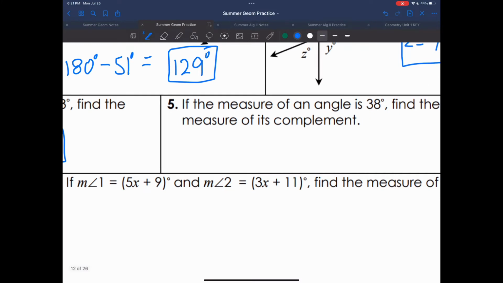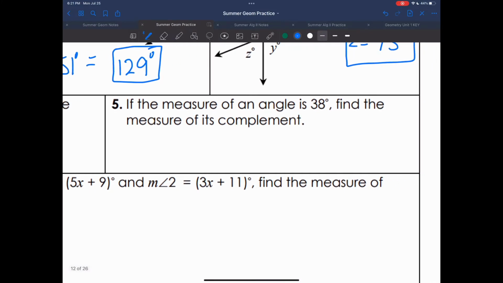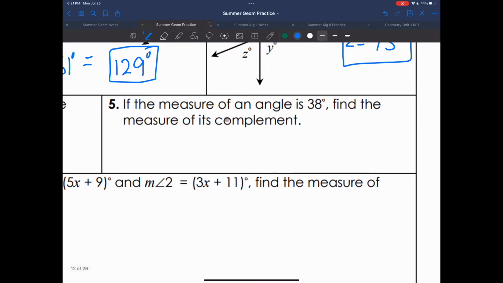Okay, let's take a look at number 5. Okay, so this one says, if the measure of an angle is 38 degrees, find the measure of its complement. So recall what a complement of an angle is. So we know complementary angles are two angles that add to 90 degrees.